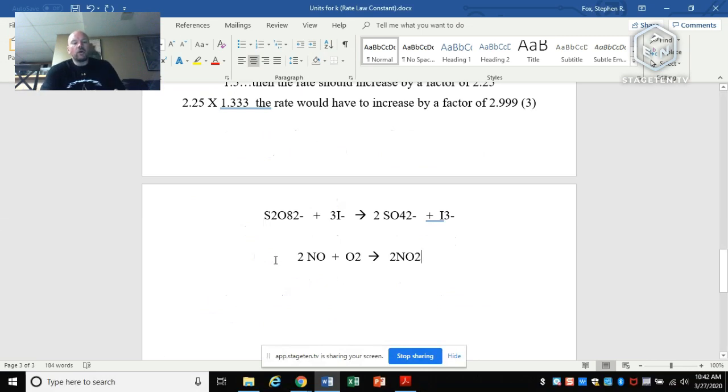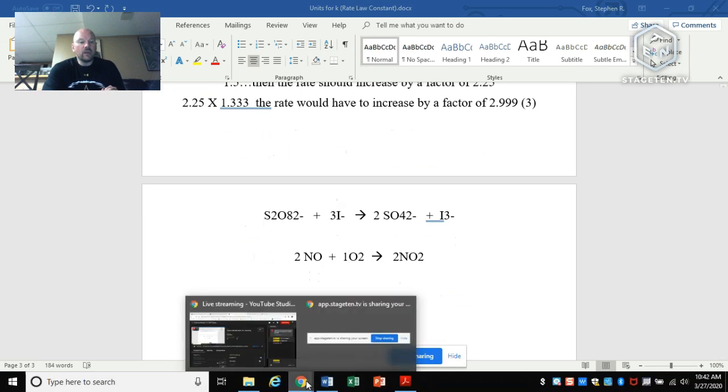Every time the reaction goes, you lose 1 oxygen, but you lose 2 of these. So the rate of the reaction is equal to the rate of disappearance for oxygen because the coefficient's 1. But the rate of disappearance for NO is 2 times that amount.